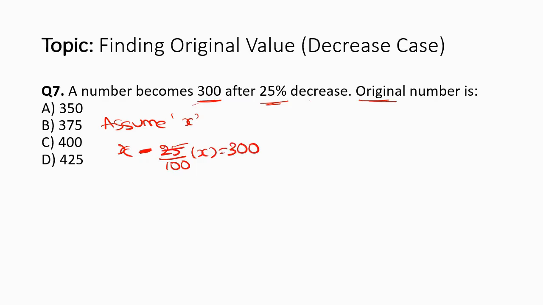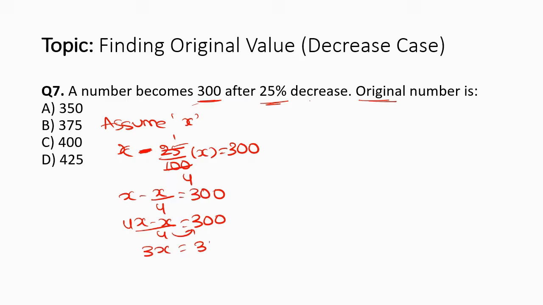So x minus x by 4 equals 300. 4x minus x by 4 equals 300. 3x equals 300 into 4, so x equals 400. The original number is 400.